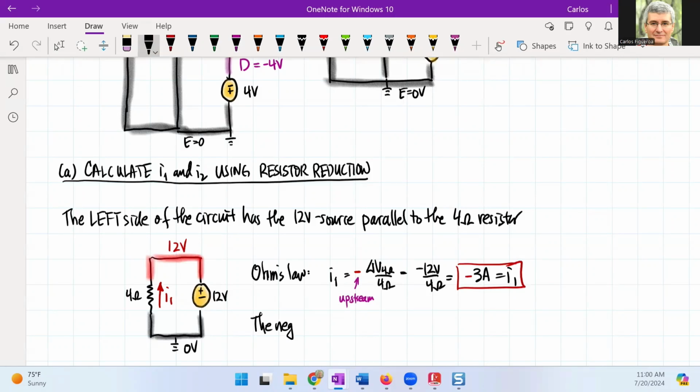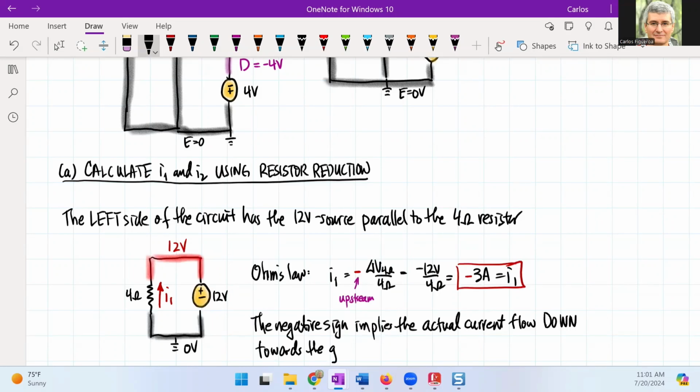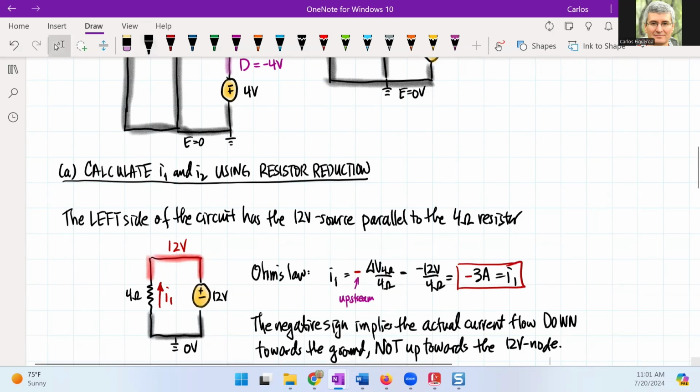The negative sign implies the actual current flows down towards the ground, not up towards the 12-volt node. That's why we have to put that minus sign.